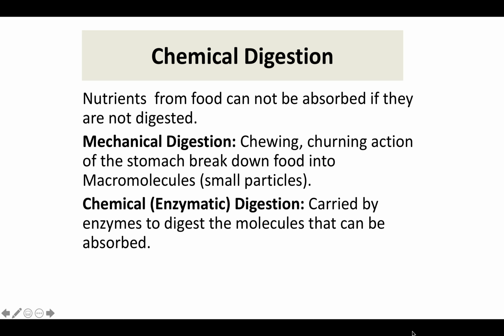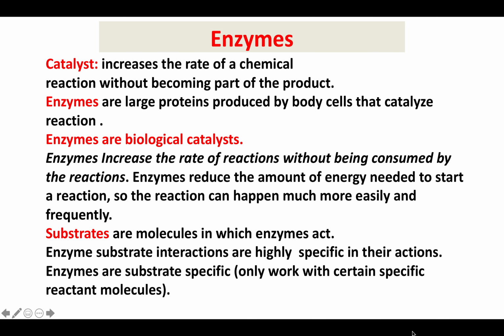The function of the enzymes is then to transform macromolecules into micromolecules, which are ready to be absorbed by the capillaries of the intestinal villi. So enzymes are proteins made by the body.